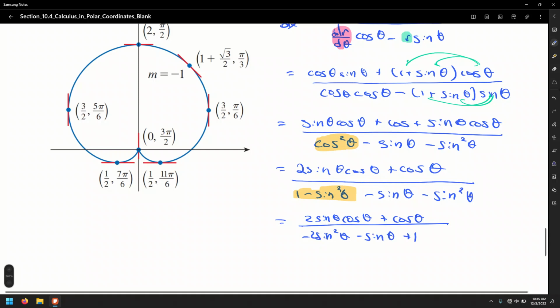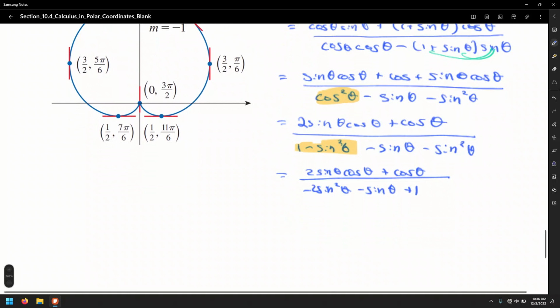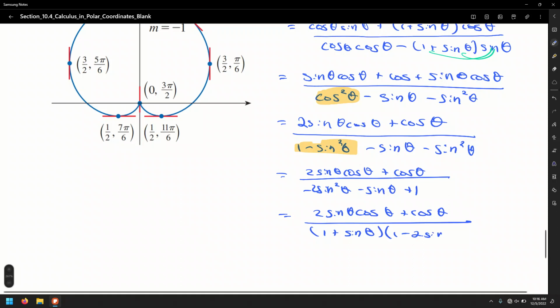I'm going to leave it like this for now, but of course when we solve the equation, I will factor this polynomial in the denominator. So that's 2 sine theta cosine theta plus cosine, and I'm going to factor the denominator as 1 plus sine times 1 minus 2 sine theta.